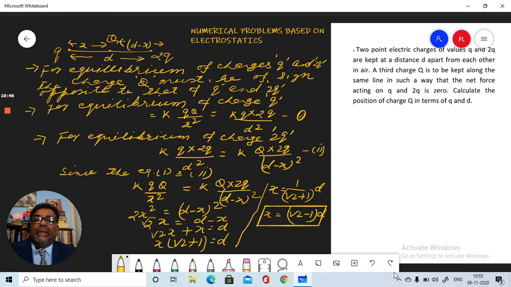For equilibrium, you have kQq by x square, this distance is x, equal to kq into 2q by d square. Now this is your first equation. Now for equilibrium of charge 2q, kq into 2q by d square is equal to kQ into 2q by d minus x whole square. Solve the equation and you will get x is equal to root 2 minus 1 into d.